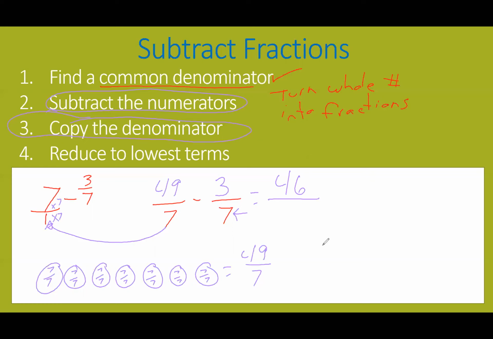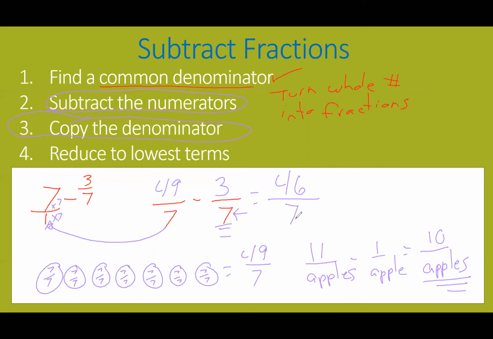Because if I had 1 apple and 1 apple, and if I'm subtracting them, don't I still have apples? Well, I guess not. Let's make it 11. If I have 11 apples and I take away 1 apple, then I have 10 apples. I still have apples, just like I still have sevenths.